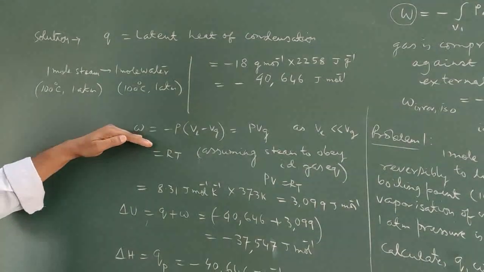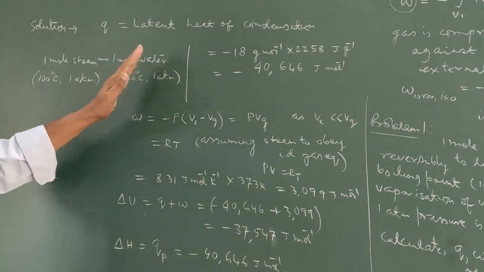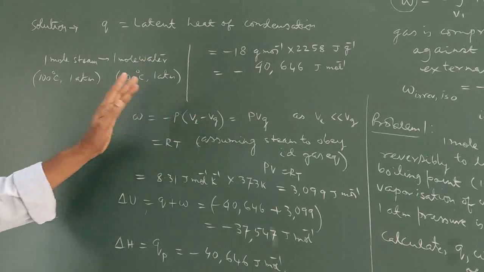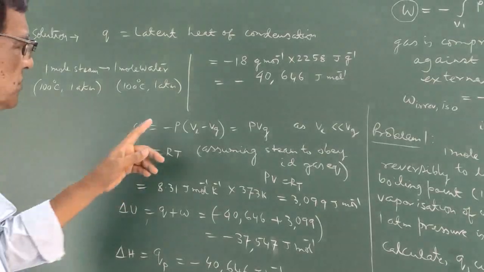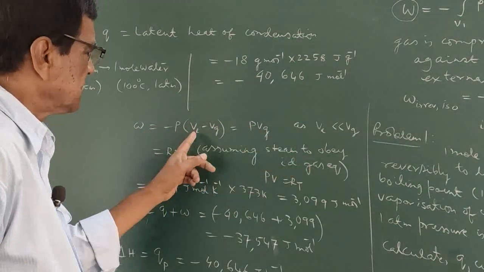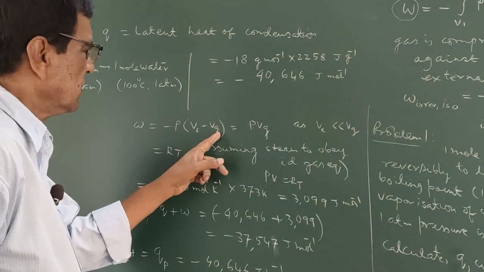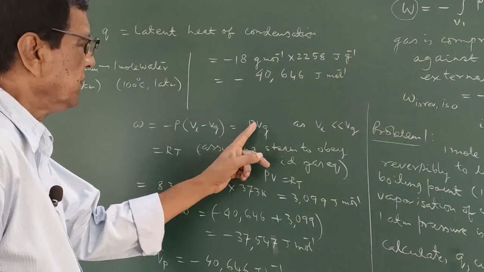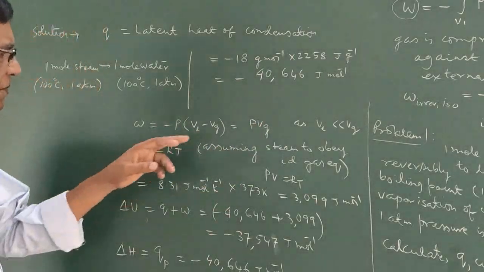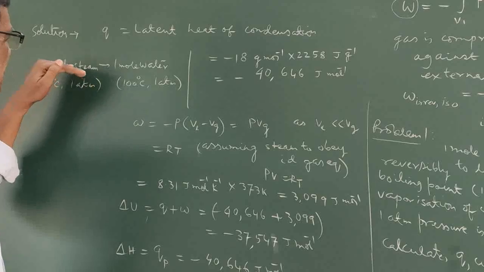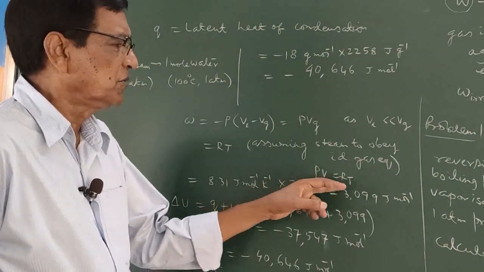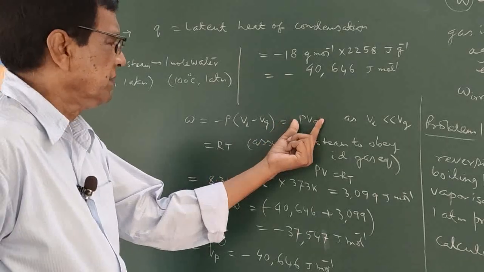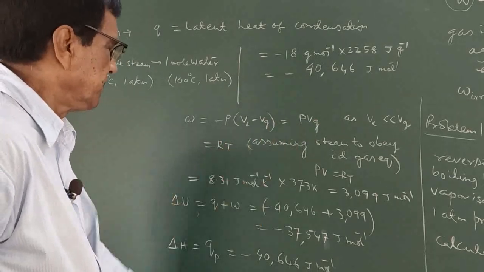And the work is minus P into final volume Vl minus initial volume Vg. Vl is very small in comparison to Vg, so we can write this as P Vg. And if we assume this steam behaves ideally and follows the equation PV equal to RT, then instead of PV we can write W equal to RT.